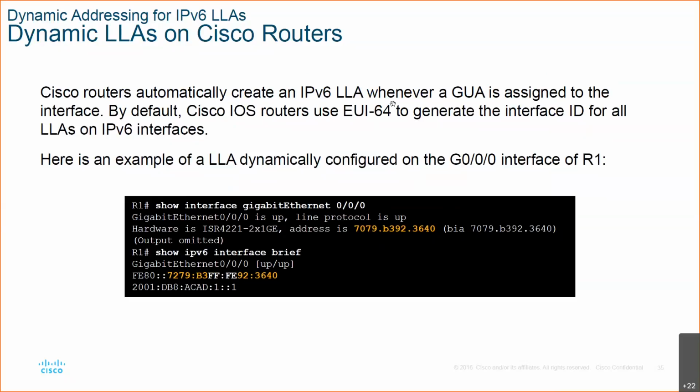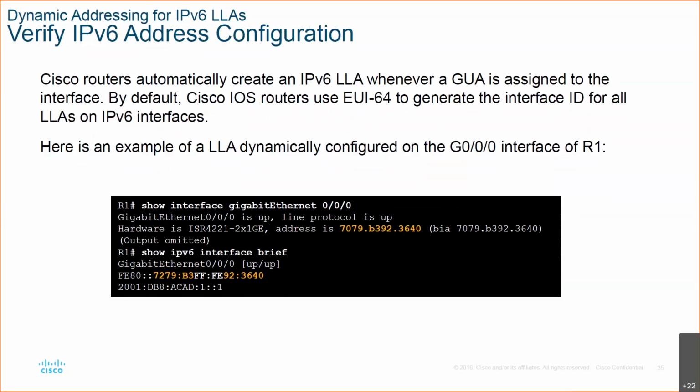Your Cisco routers also take the MAC address and from it generate your link local address and your global unicast address dynamically. If you want to check, you just type show IP version 6 interface brief, as I showed you before, and it will show you your address.